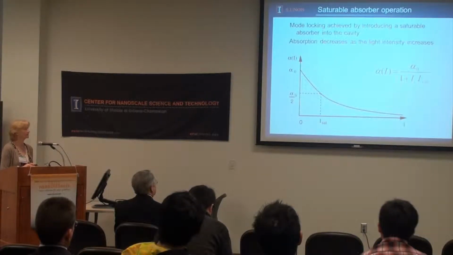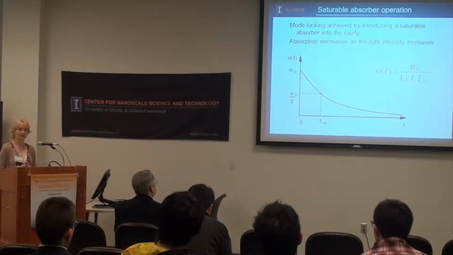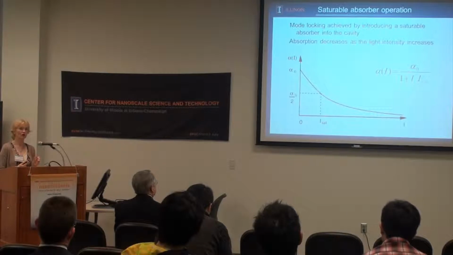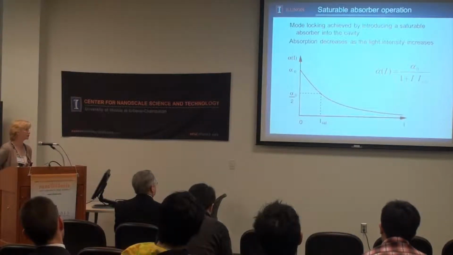Quantum wells work very well in doing this, because if you've got light at the band gap energy, once you've filled up the states at the bottom of the wells, that well will no longer absorb. So a short length of quantum well acts well as a saturable absorber.